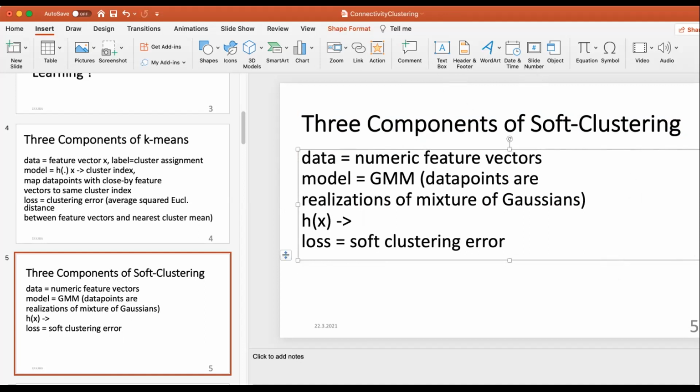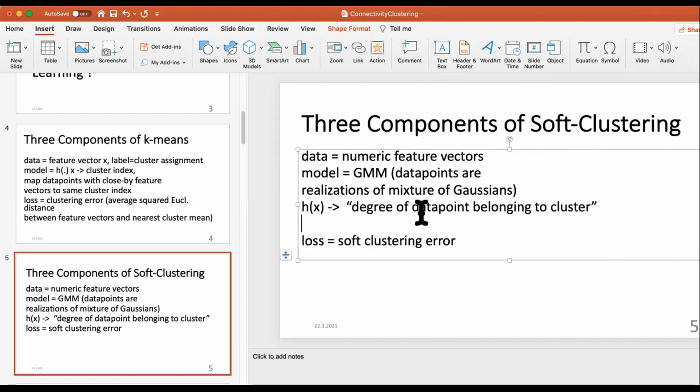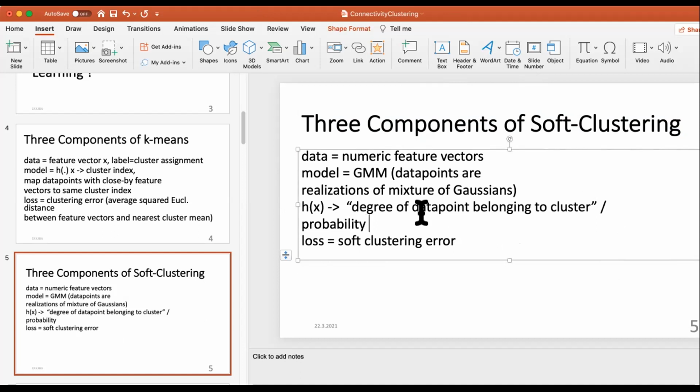It's kind of a degree of belonging. So the output is a degree of a data point belonging to a cluster. But we can interpret this also, within a Gaussian mixture model, as a probability of a data point drawn from a cluster distribution.